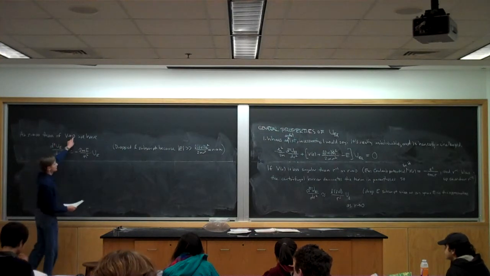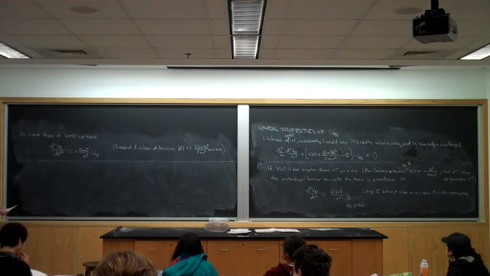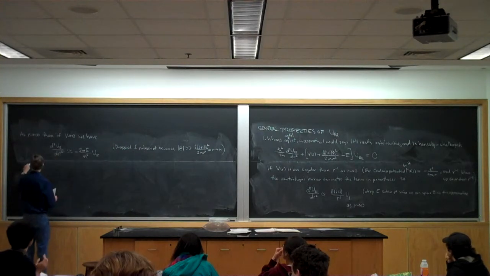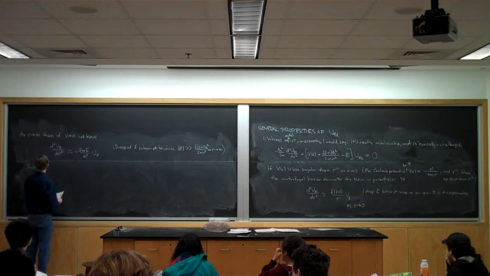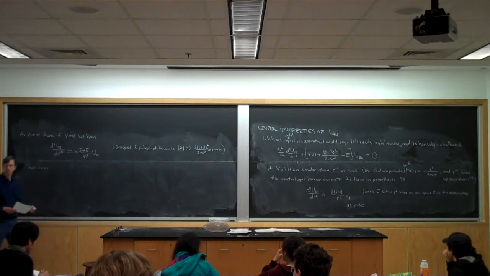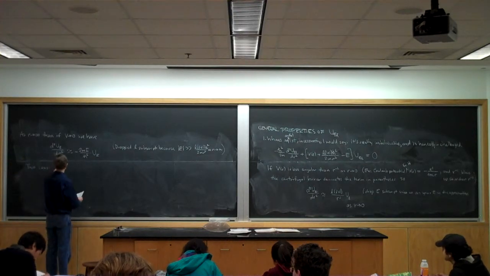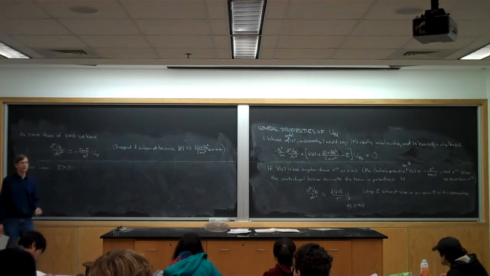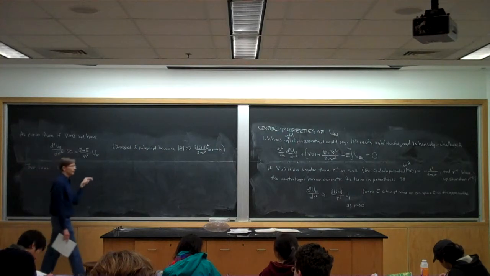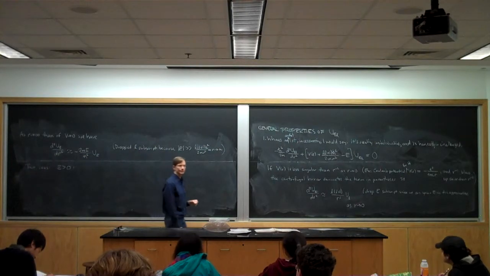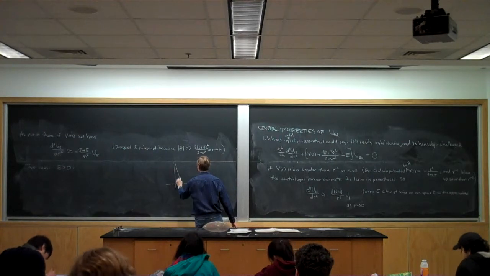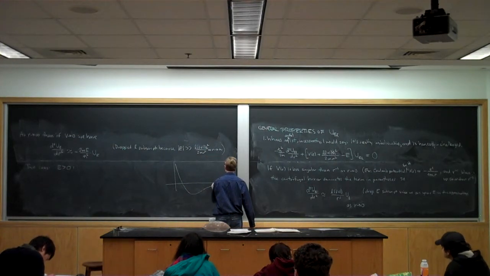So hence, if V goes to 0 as R goes to infinity, we have two cases. E is greater than 0. If E is greater than 0, can the particle get out to infinity, classically speaking? Go back to our generic plot of a typical effective potential.